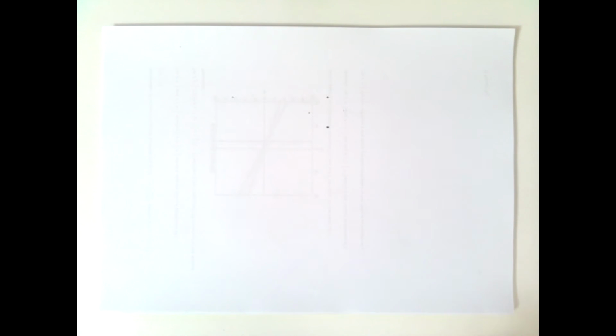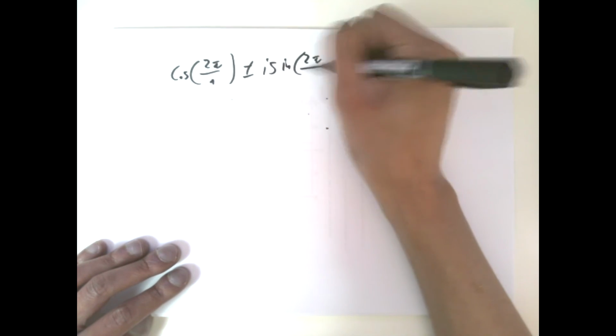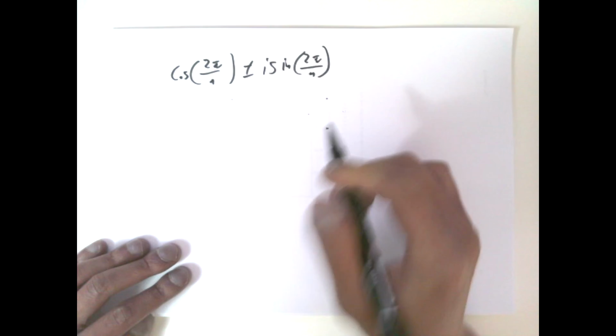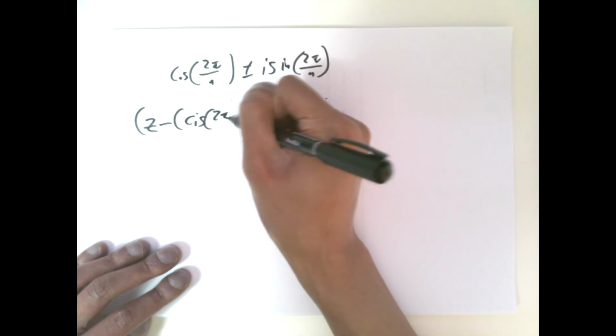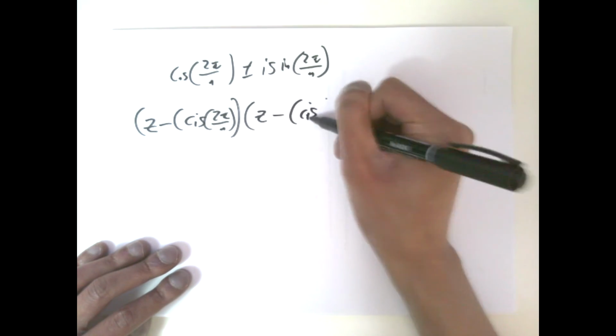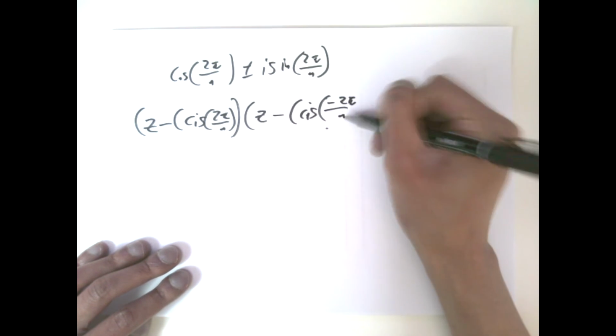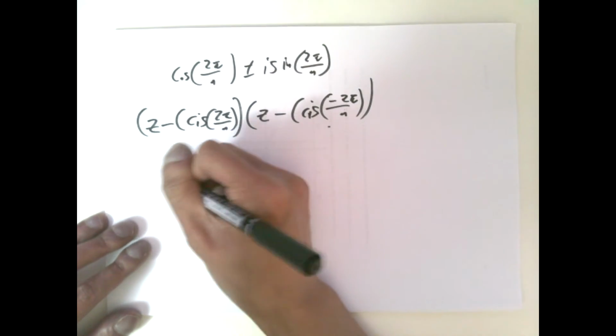Let's just take any conjugate pair of roots, which will lead us to the factors of, and this will lead us to the quadratic factor.